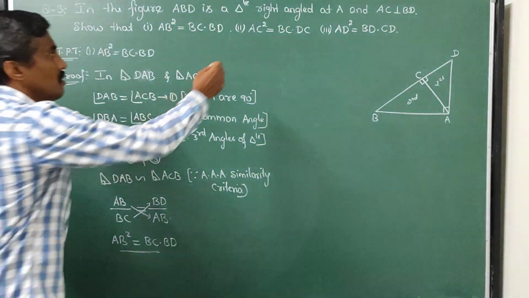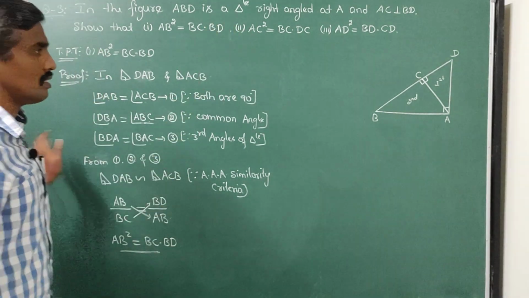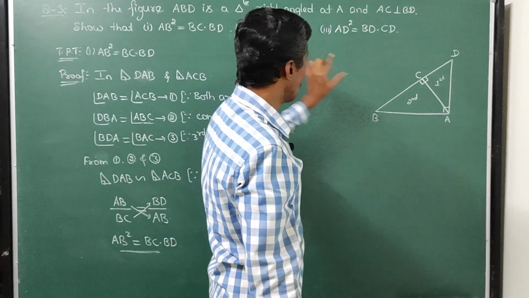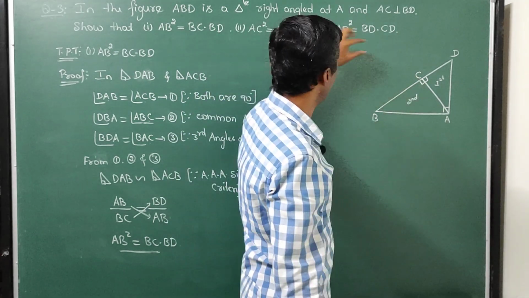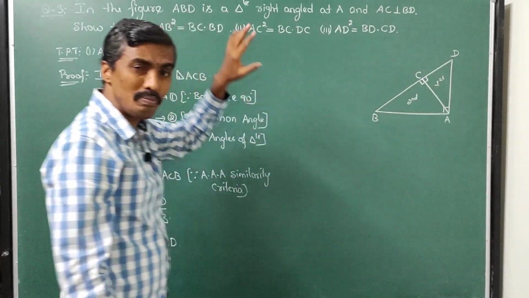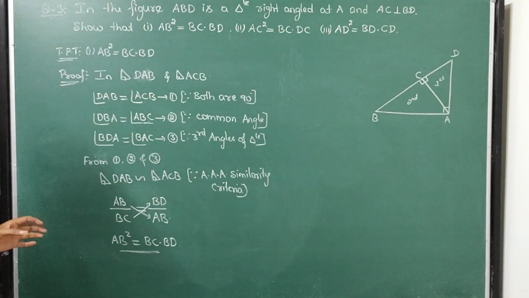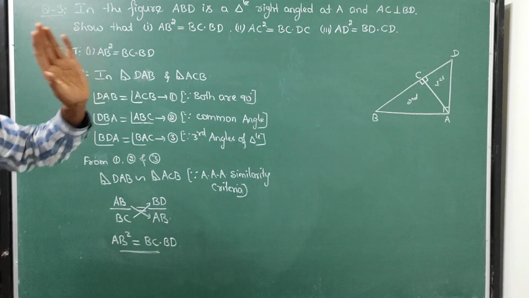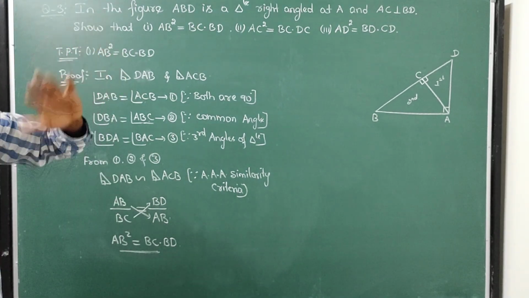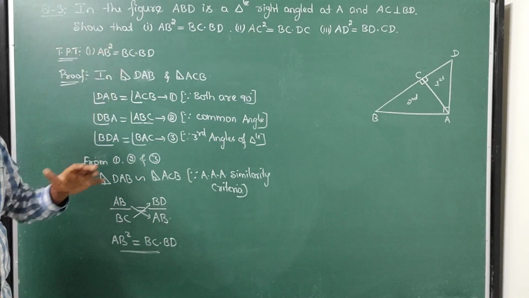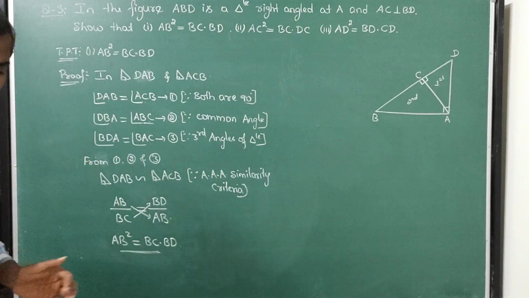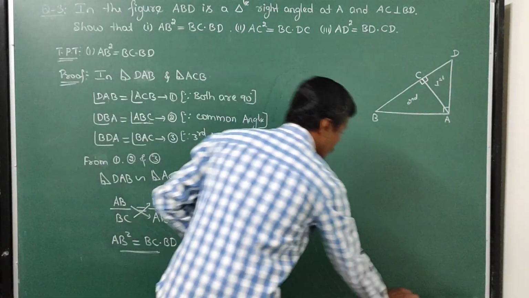I will move on to the second part. The second point we have to prove: AC square is equal to BC into DC. It is similar to the previous problem, where we proved that PM square is equal to QM into MR. So I'll rub this one, then move on to the second point.